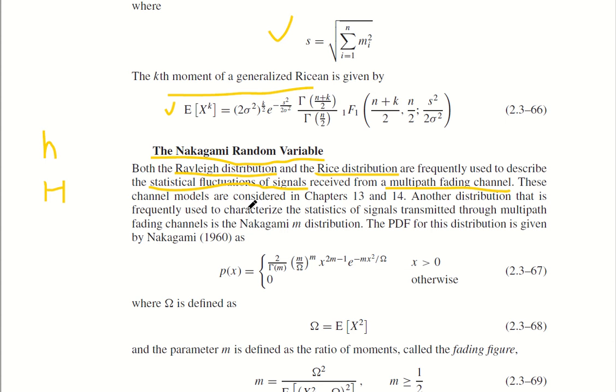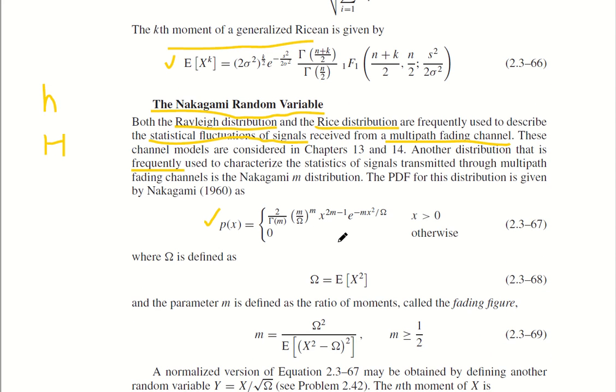Then another distribution that is frequently used to characterize the statistics of signals through a multipath channel is the Nakagami distribution. The PDF for this distribution was given by Nakagami in the 60s.